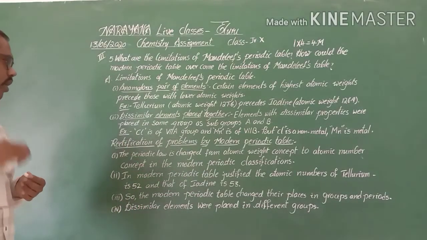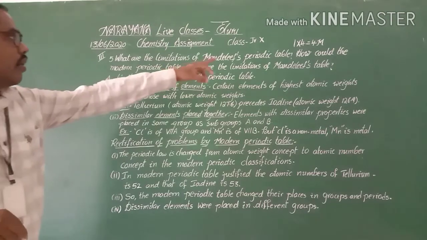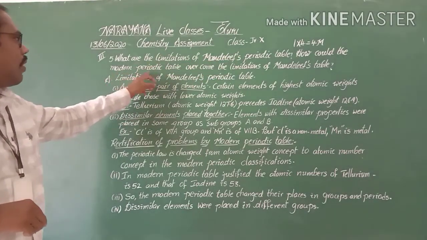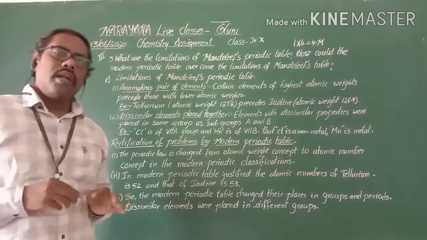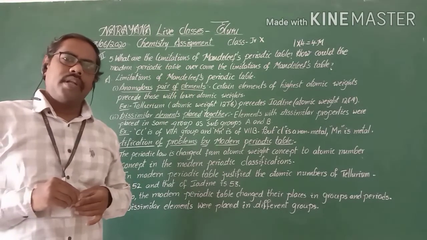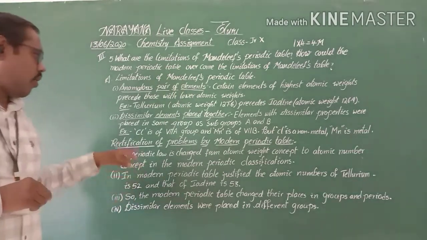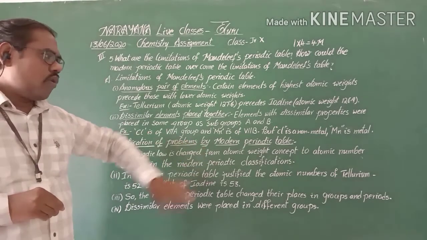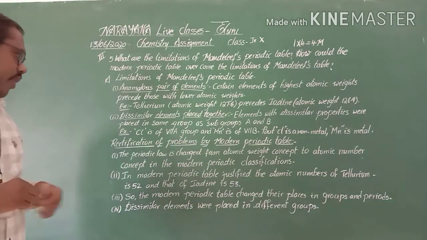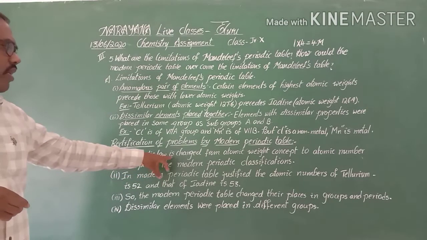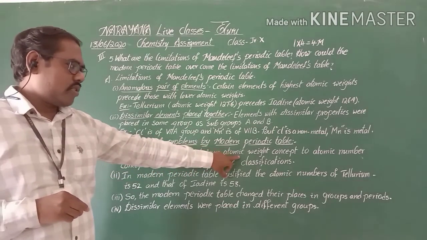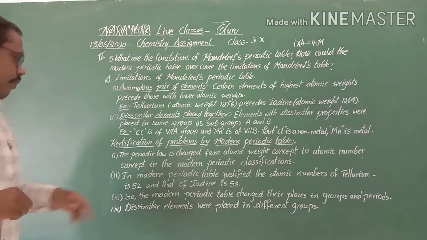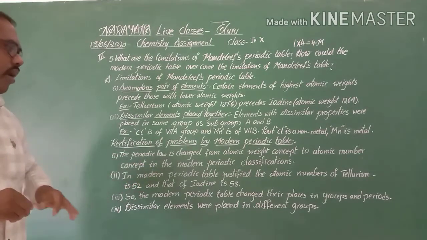Okay, next. How could the modern periodic table overcome the limitations of the Mendeleev periodic table? Now how is it rectified? The periodic law is changed from the atomic weight concept to the atomic number concept in the modern periodic classification.